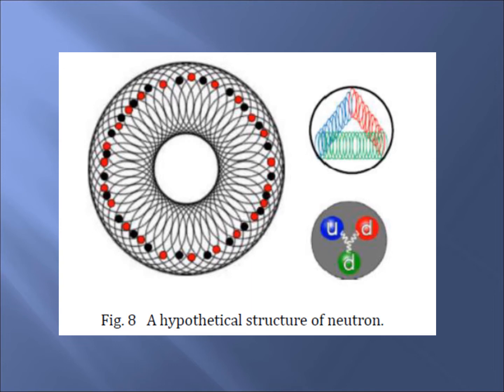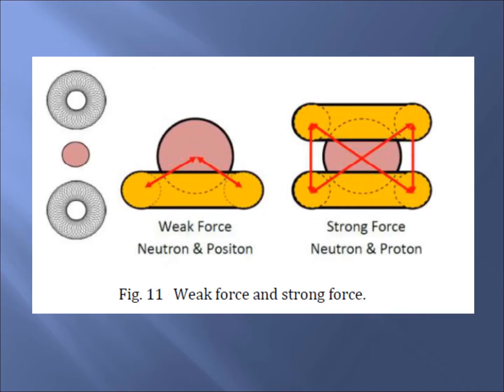This is a hypothetical structure of neutron. It looks like a donut. This diagram shows the weak force between neutron and the positron, and also strong force between neutron and the proton.